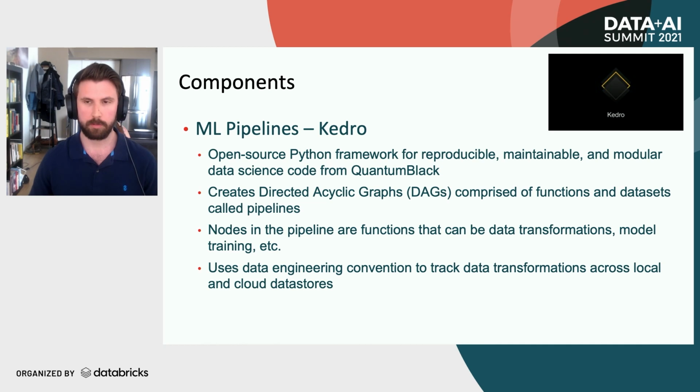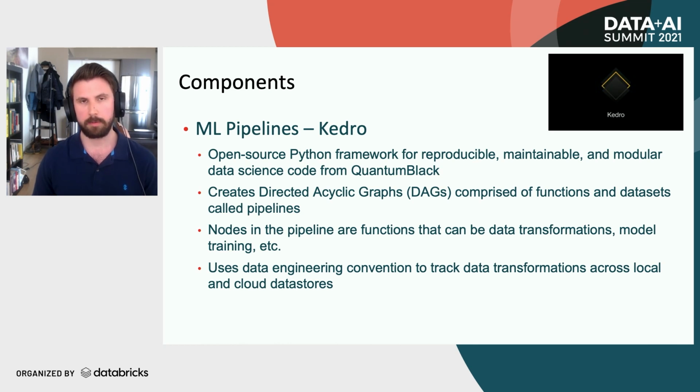So for machine learning pipelines, our main library that we're using is Kedro. And Kedro provides an open source framework for building and running modular data science code. Quantum Black, the company, came up with this, owned by McKinsey.